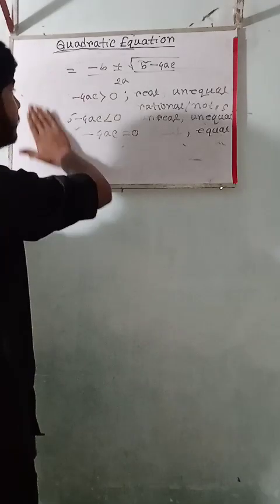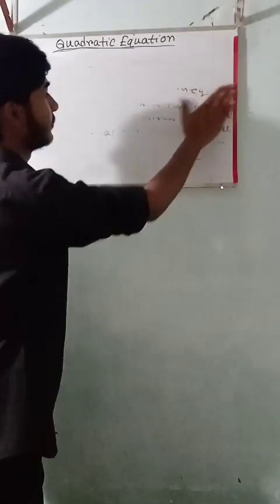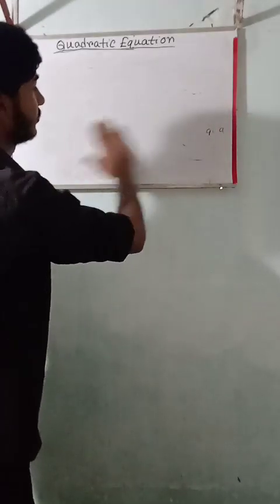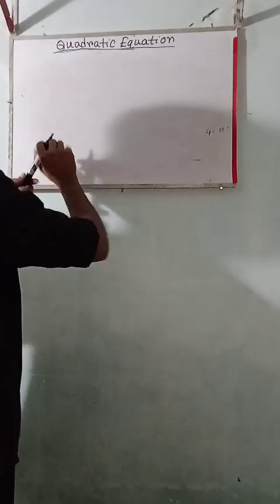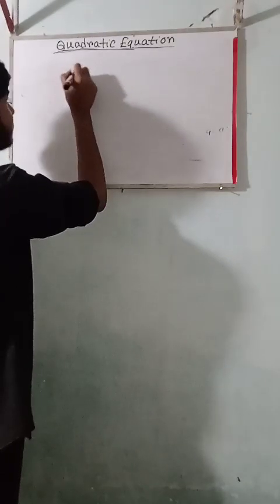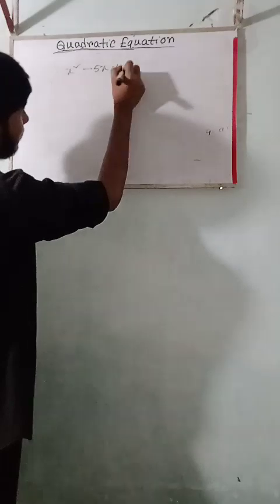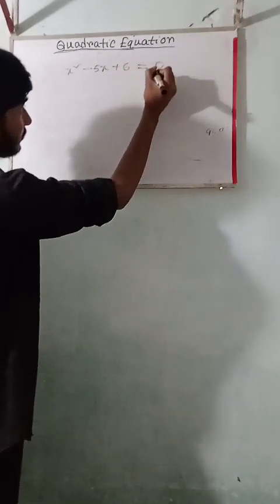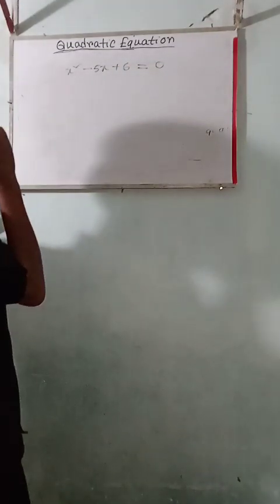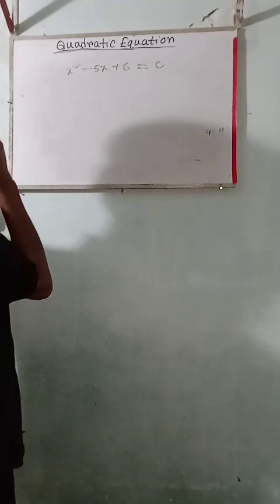Now we will solve a quadratic equation of one variable. It is a simple example. This is x square minus 5x plus 6 equals 0. Now we have to solve this equation. That means we have to know the value of x.